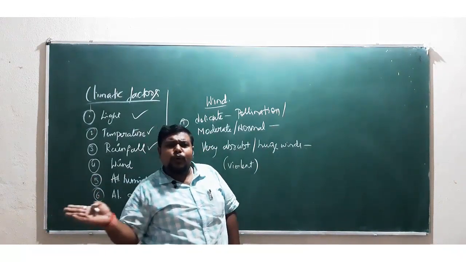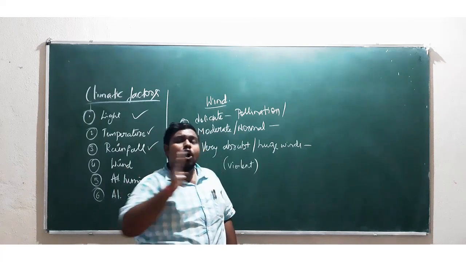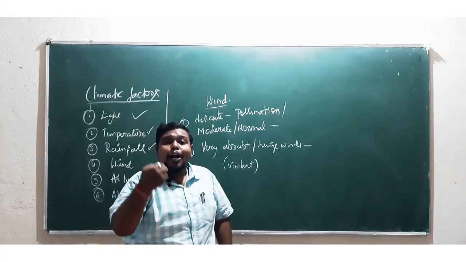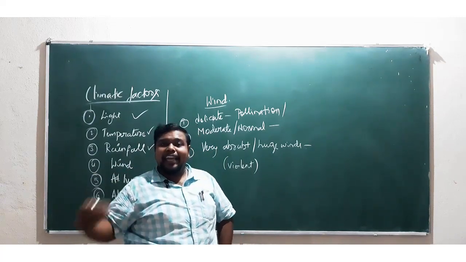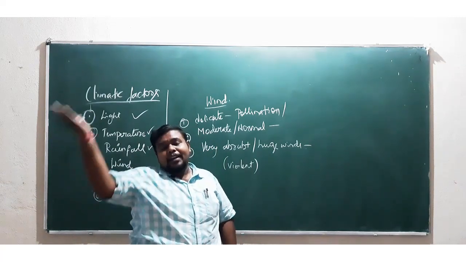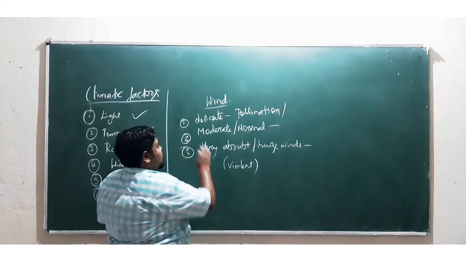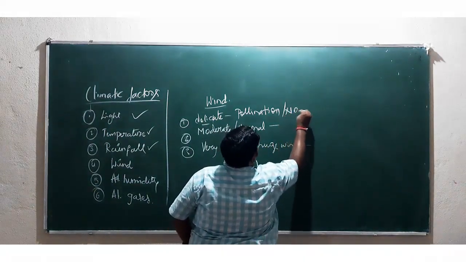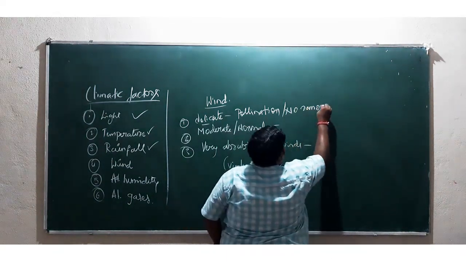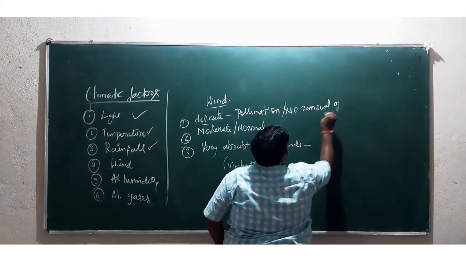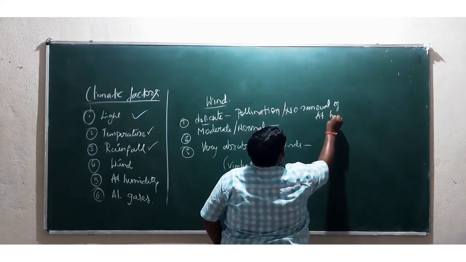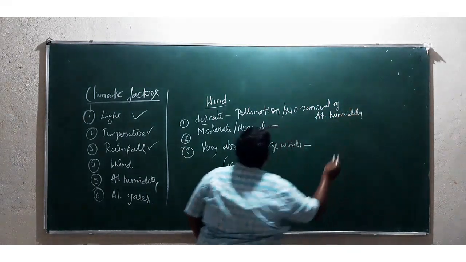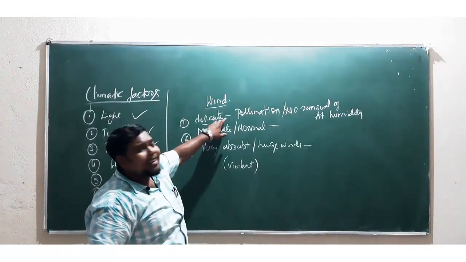When the winds are very hard and rash, or when they are very violent in nature, they will take away all the atmospheric humidity from the air found there, so increasing the rate of transpiration, but that is not found in case of a delicate wind. No removal of atmospheric humidity. So this is about your delicate wind.